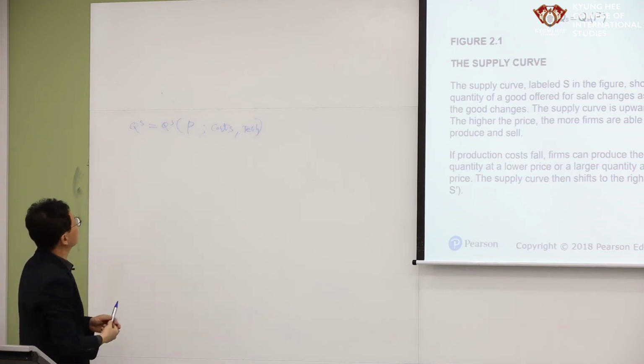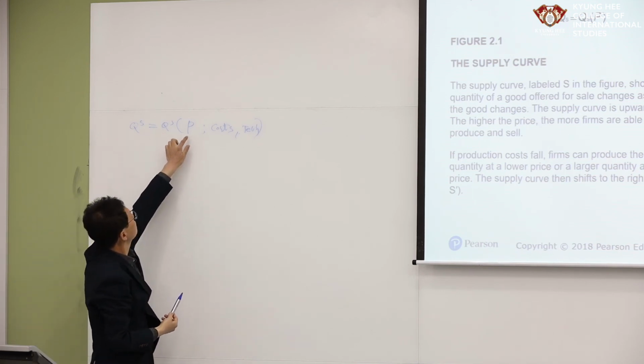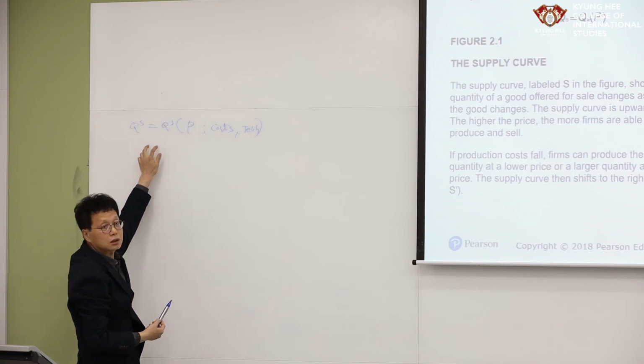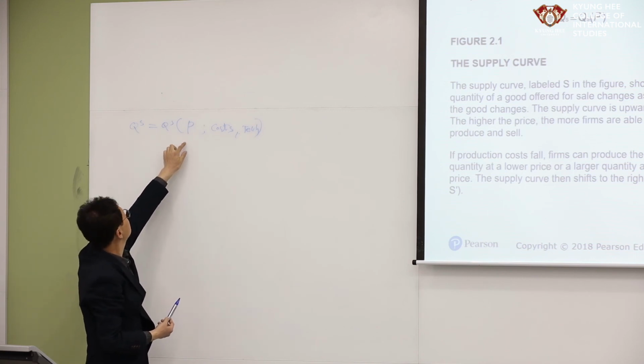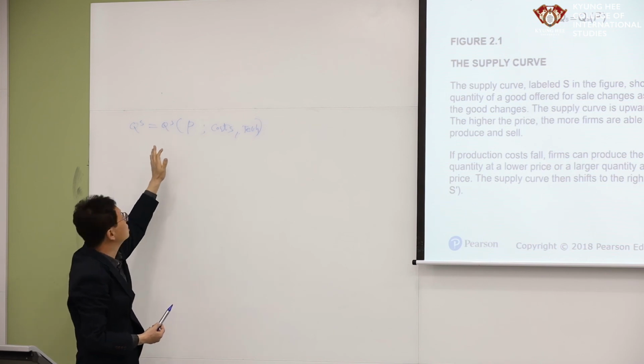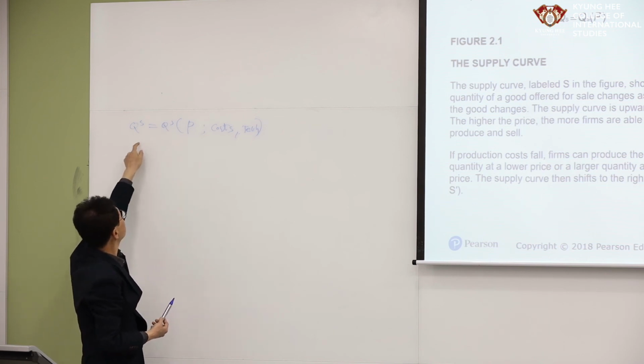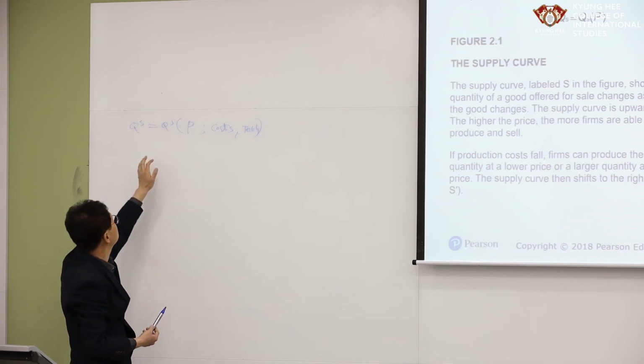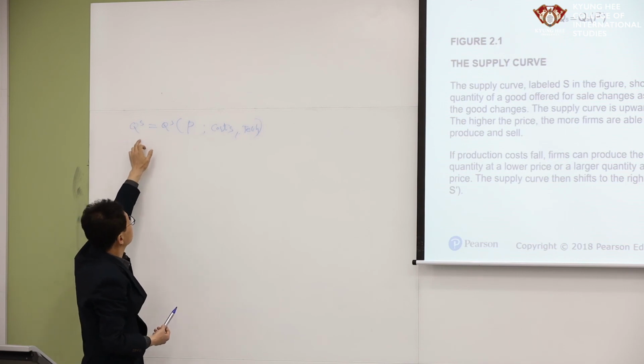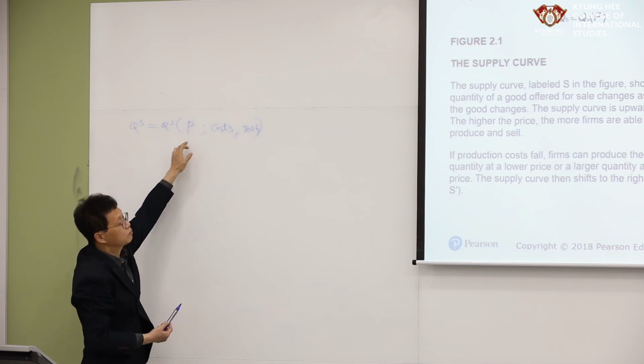The supply curve is basically a relationship between its own price and quantity supplied, right? If price increases, then supply of that good increases. If price decreases, then quantity supplied decreases. It is a positive relation between the supply curve and its own price.